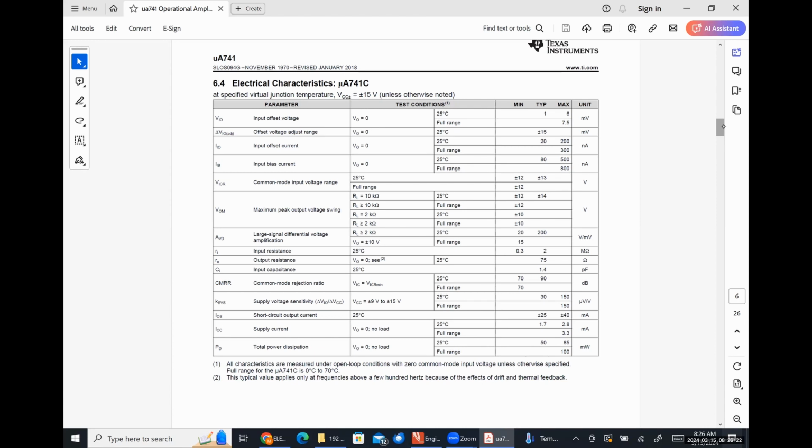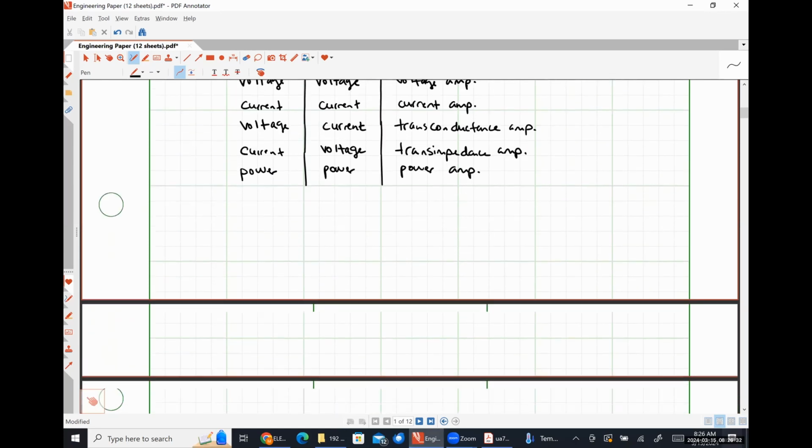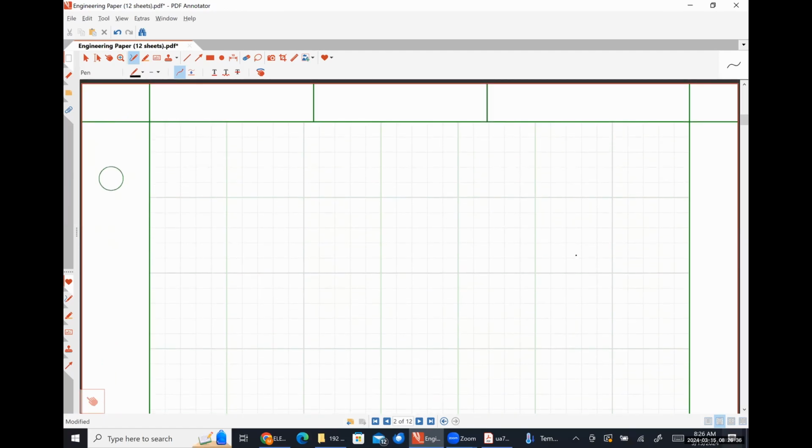So what we're going to do now is we are going to talk our way through what a voltage amplifier circuit might look like, and then figure out how that model that I talked about a moment ago kind of fits in, okay?